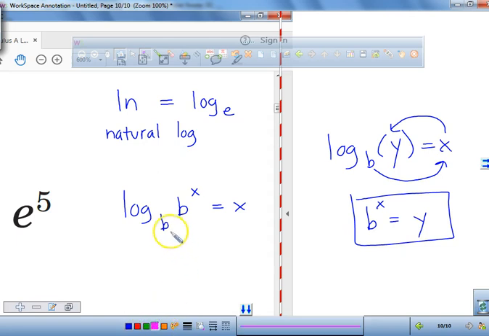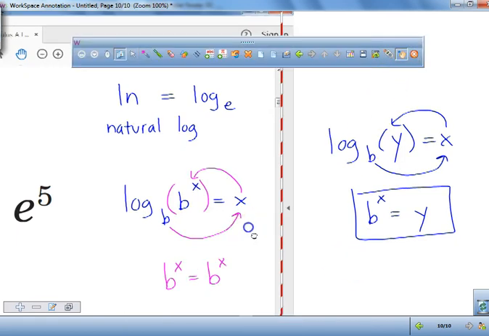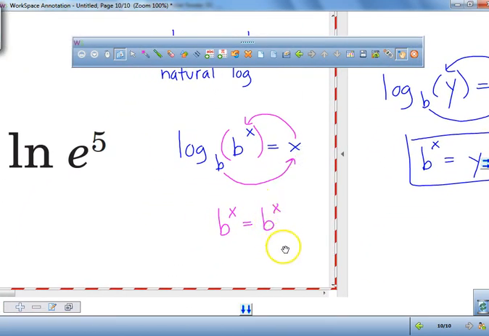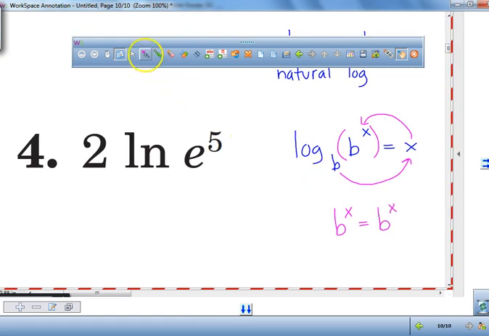Well, look what happens when I do this. If I say b raised to the power of x, what does that end up equaling? That ends up equaling b to the power of x. I'm trying to make a connection here with our problem that we're working on right now.